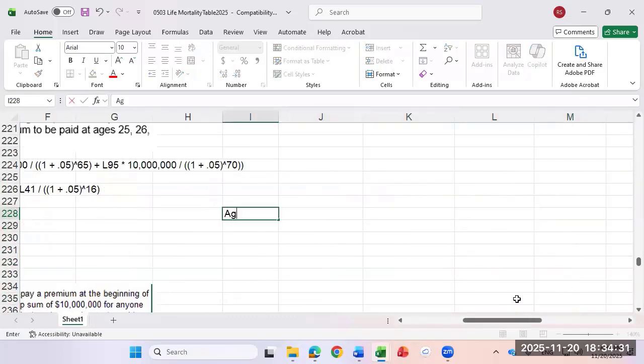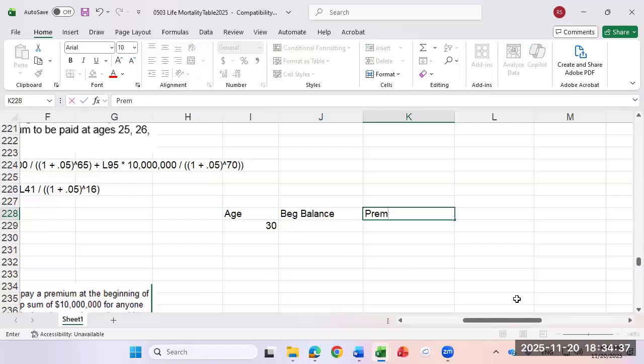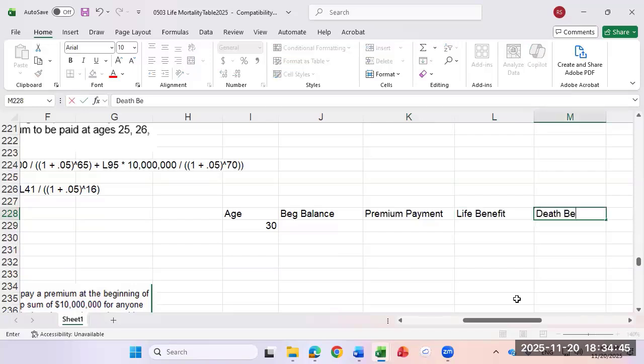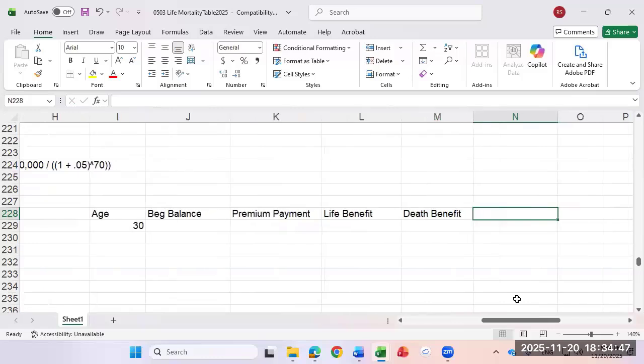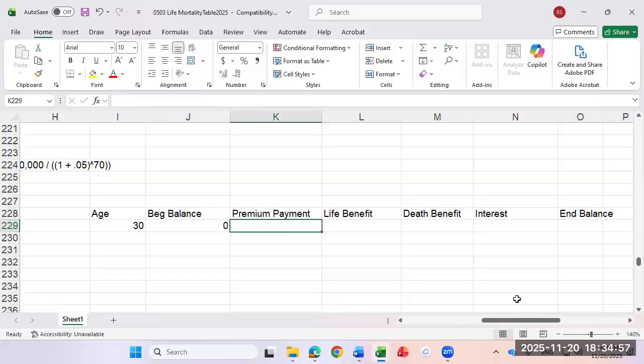So we'll do age. Here we're starting at age 30. You got your beginning balance, you got your premium payment, you have your life benefit, your death benefit, you have your interest, and your ending balance. So you start off with 0.